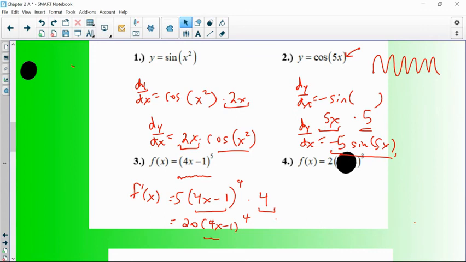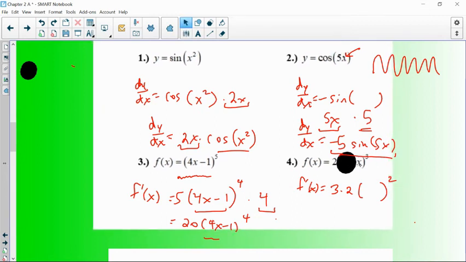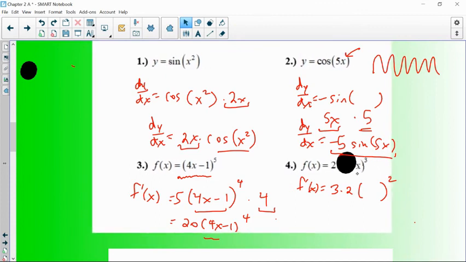Right now we've got 2 something cubed, and the derivative of 2 something cubed would be bringing the 3 down times that 2 something squared. So in other words, 6 something squared. And then you go back and say, well, what was that something? I feel like a broken record.